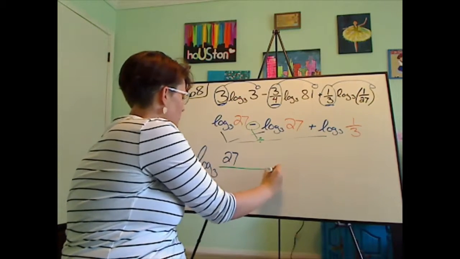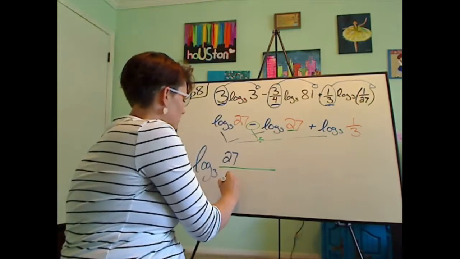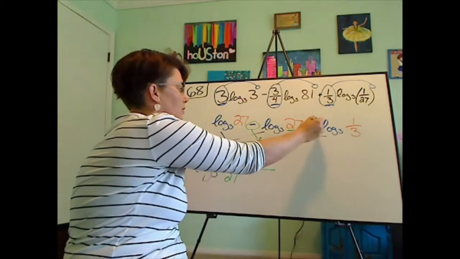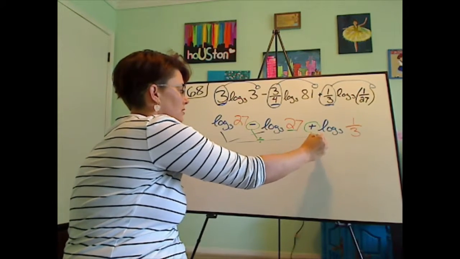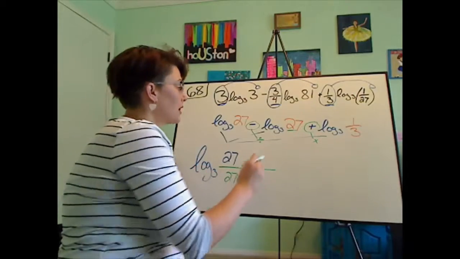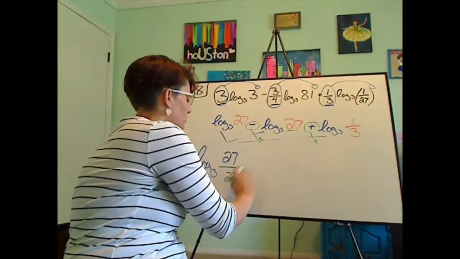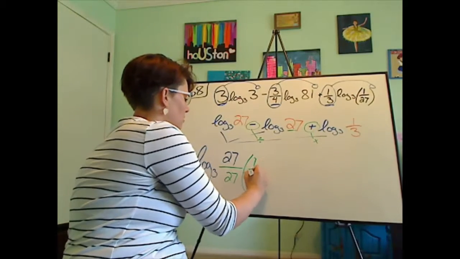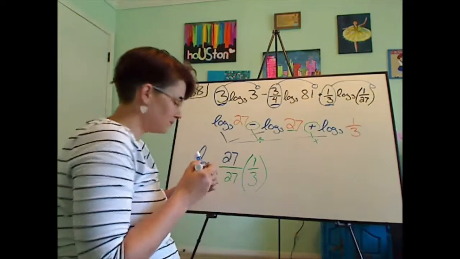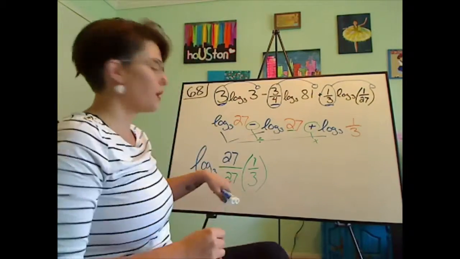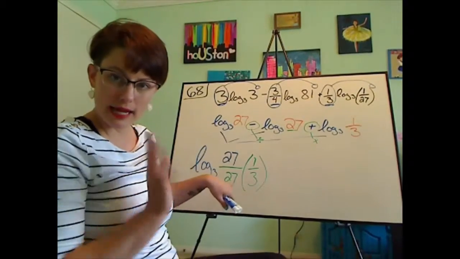So we're going to divide with this 27. And then we see addition and multiplication go together. So then we're going to multiply the 1/3. All right. There's probably a number of different ways you could have written that, however you like.